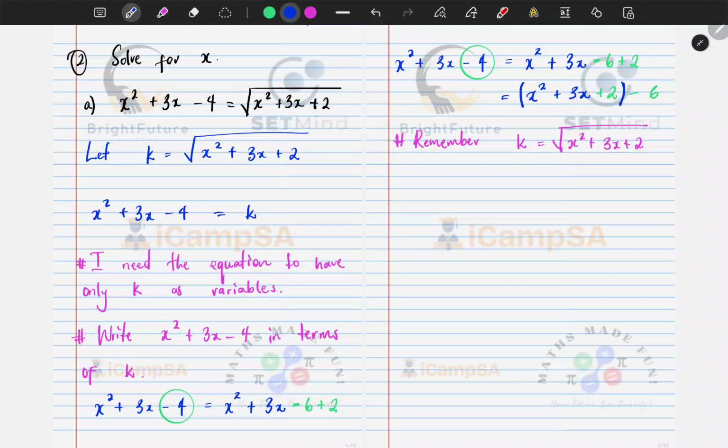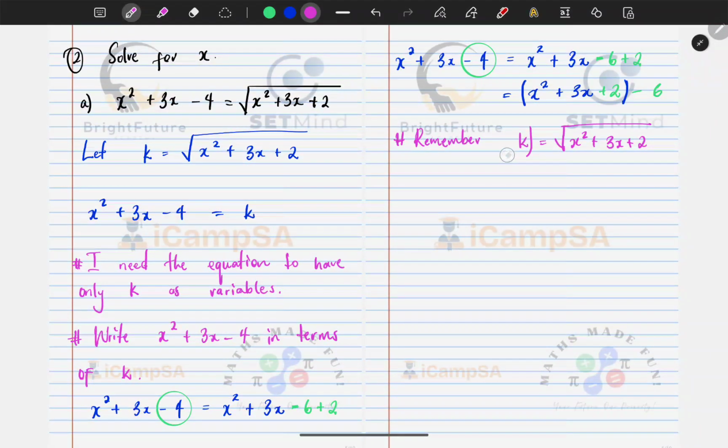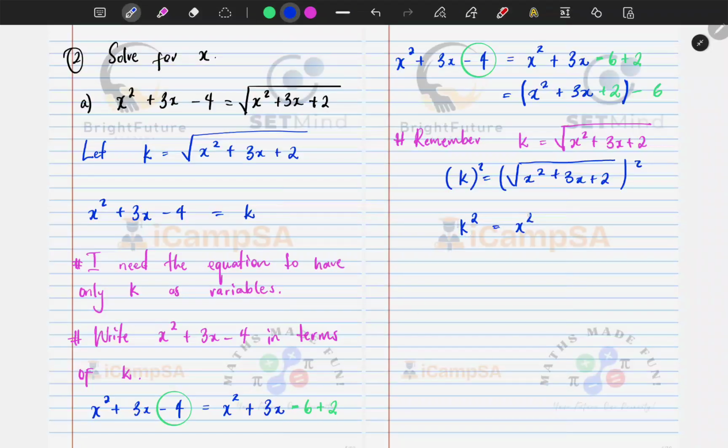I'm going to square both sides in order to do that. So k equals the square root of x squared plus 3x plus 2, and then I square both sides. So I'm going to have k squared equals x squared plus 3x plus 2.